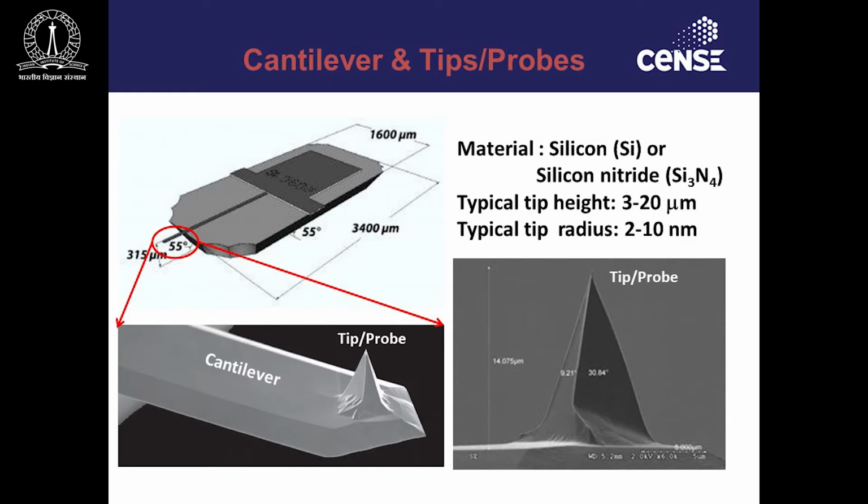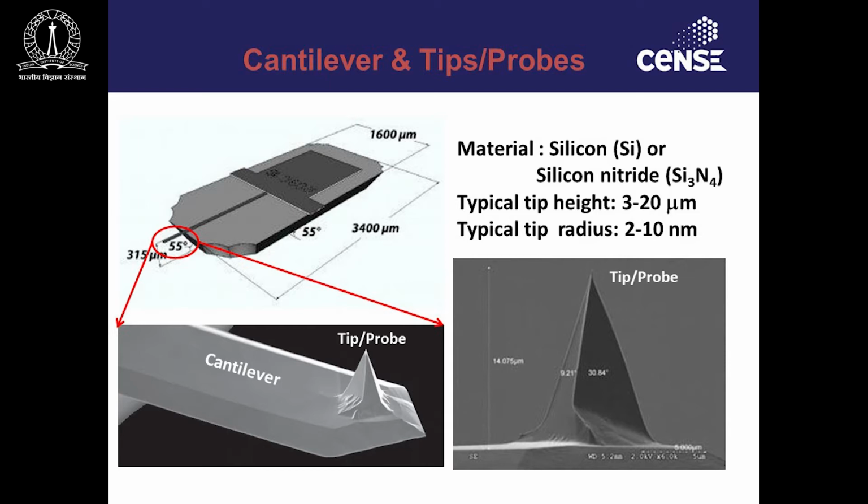Cantilevers and tip probes, how do they look? We will be looking at this in a demo anyway, but this is the very general design which goes on any atomic force microscope, be it Bruker, Park Systems, or Oxford. These are all very standard designs. This is called a chip or a base, which has the cantilever.